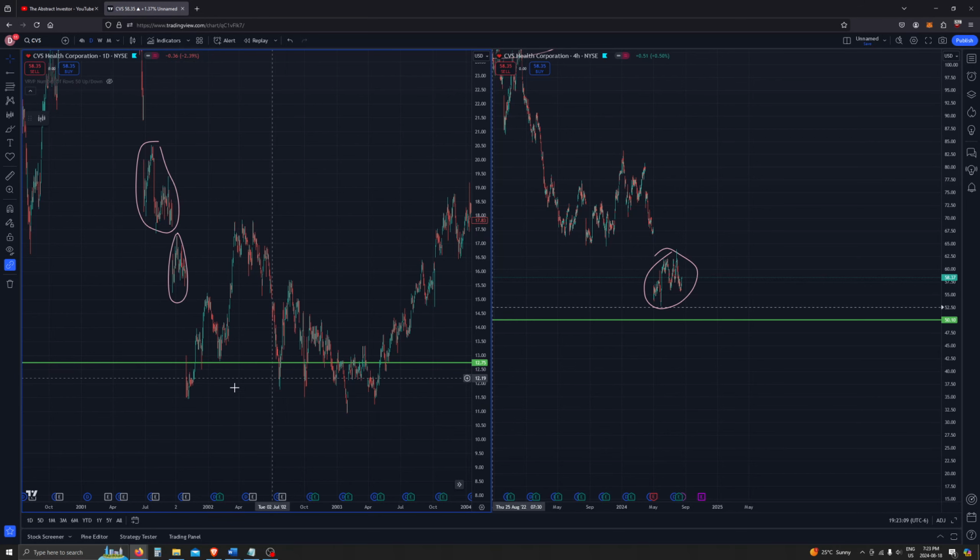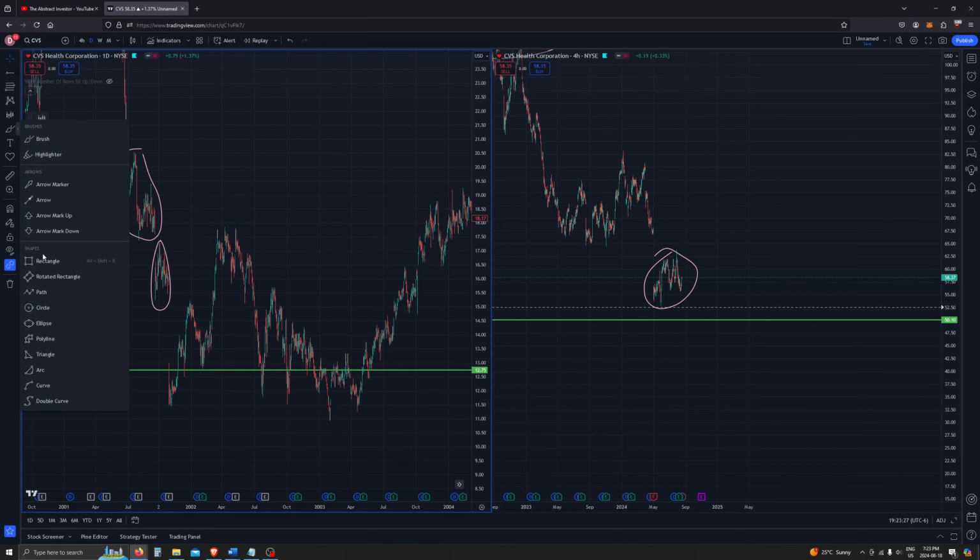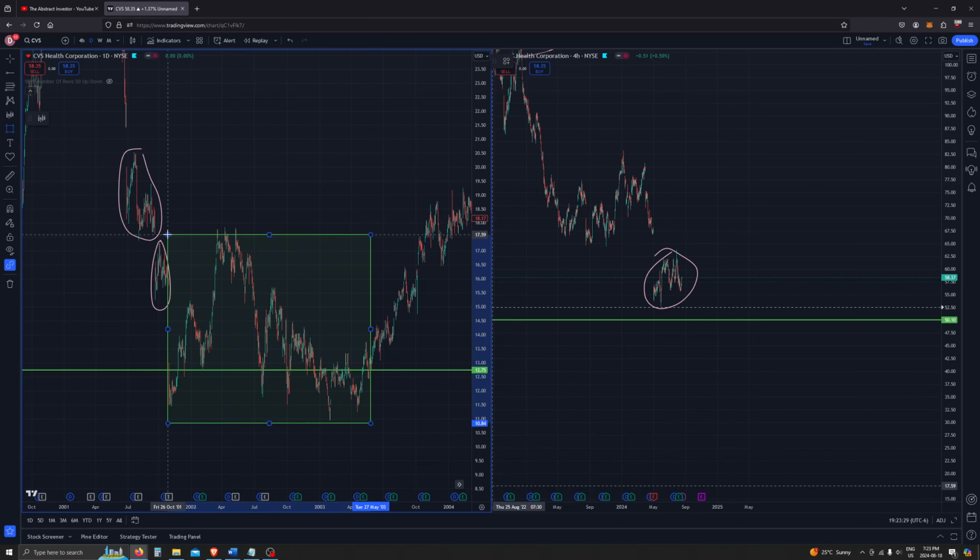So this isn't actually a stock that, as soon as I see this come down here, if it does, or as soon as this alert goes off, that doesn't mean that I'm buying this stock. I'm actually going to be looking for this pattern to play out like this.